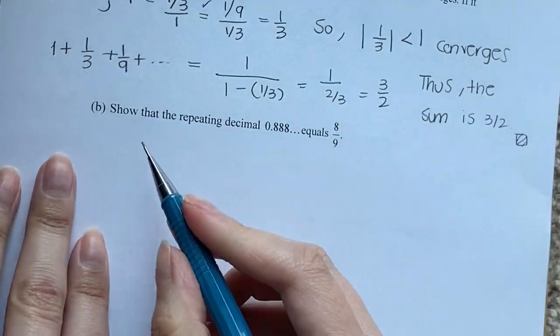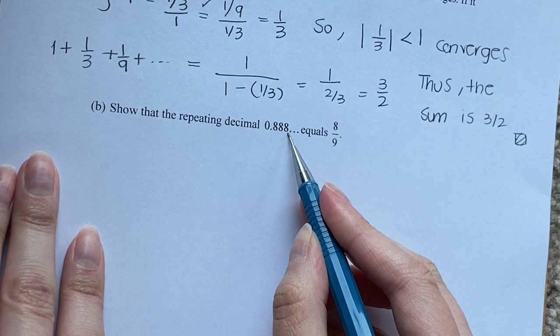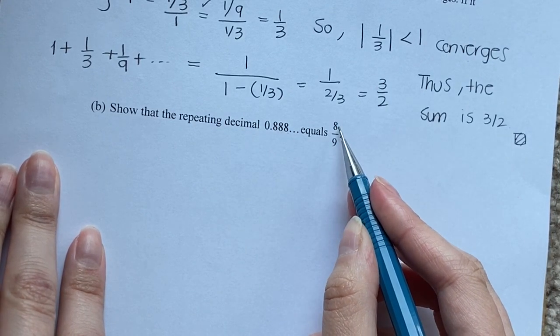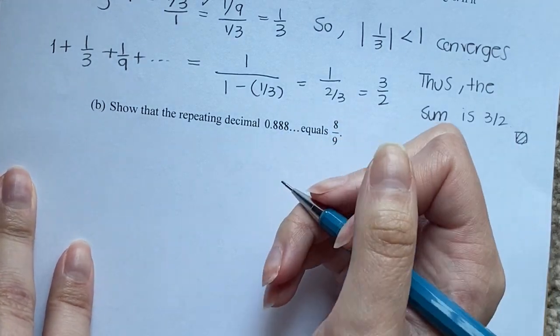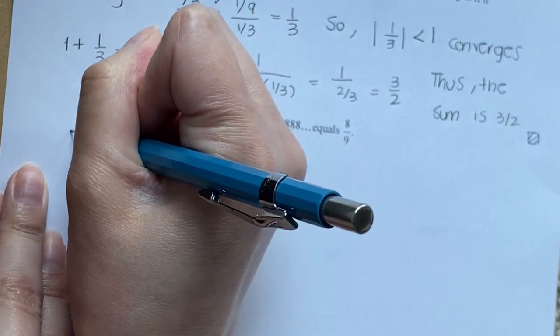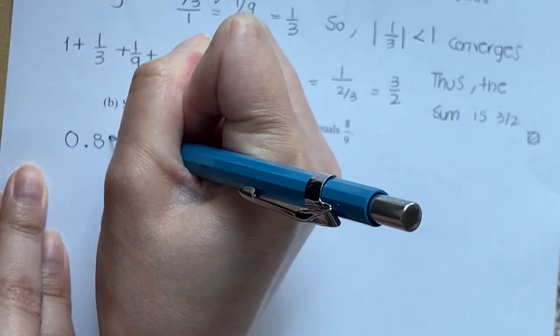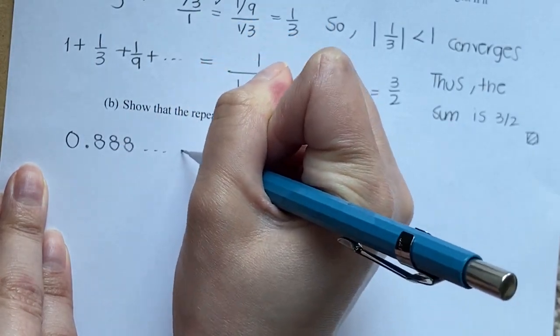Now we need to show that the repeating decimal 0.88888... equals 8 divided by 9. Wow, this is very interesting. I'm thinking, okay, they want me to represent this situation as a fraction.